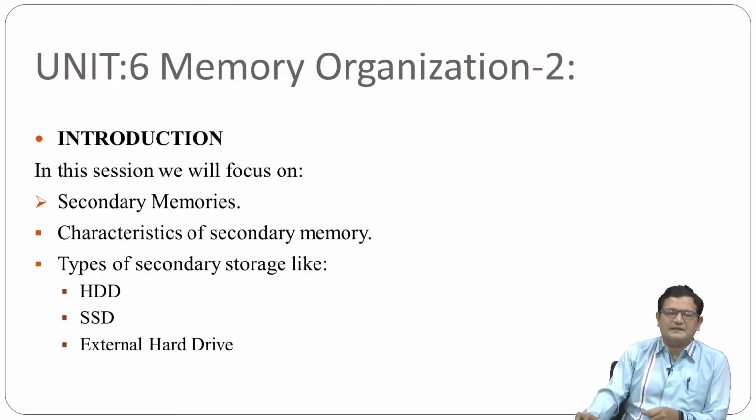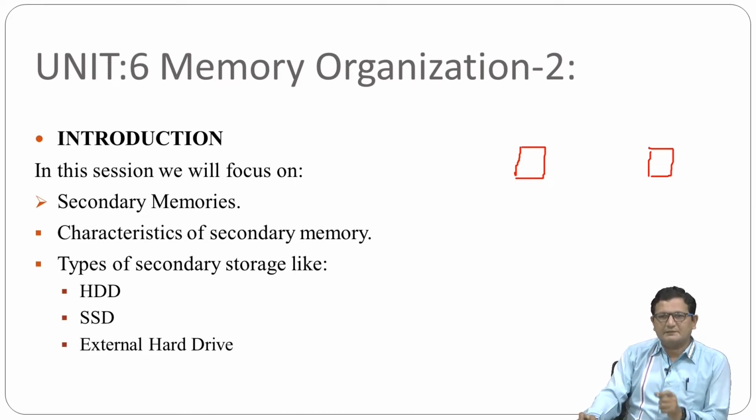So see, basically, this is your random access memory and this is your CPU, okay? Now between this CPU and the random access memory, we are placing cache memory. Cache memory is always made from flip-flops.